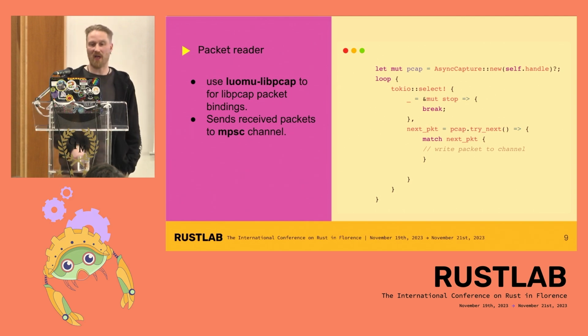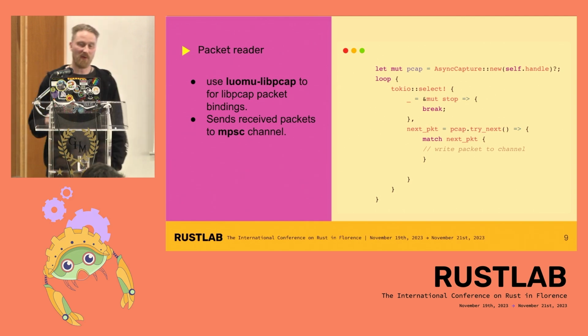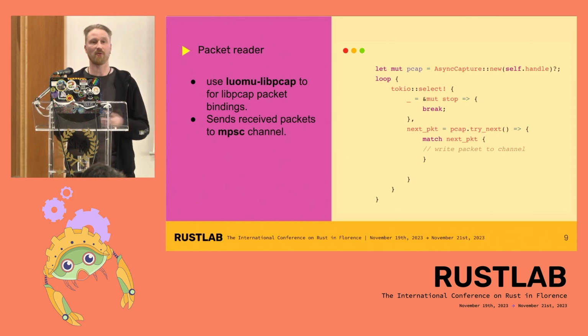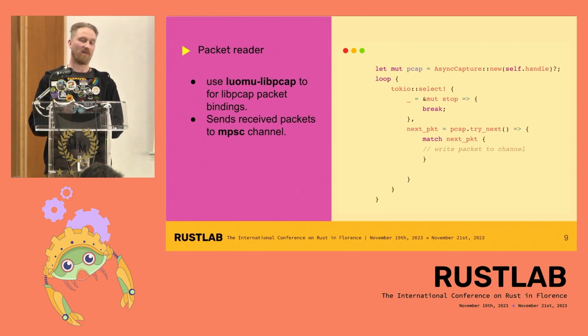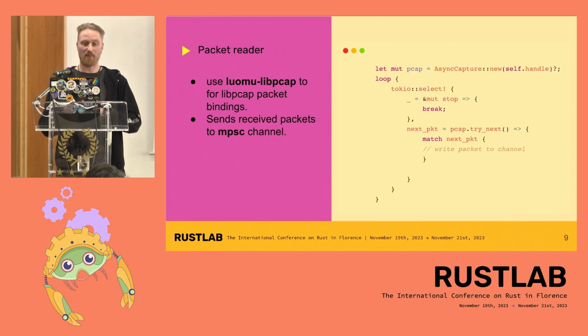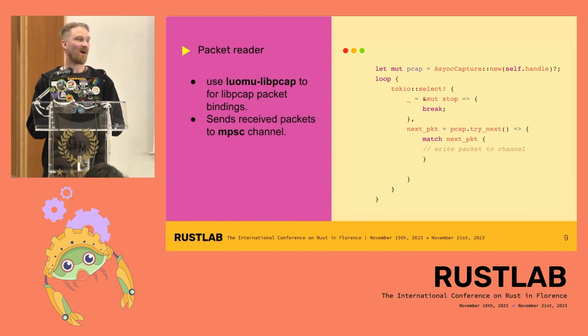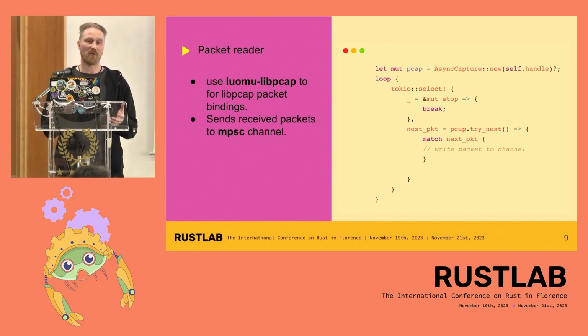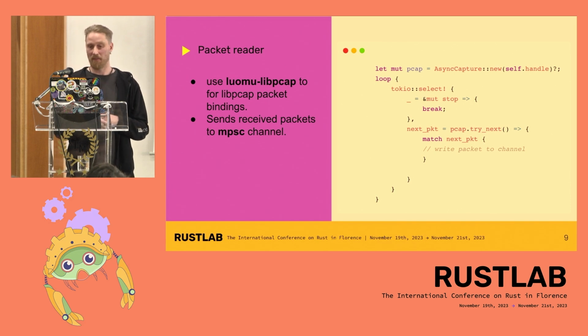We decided to use a crate called luomu-libpcap, which is a Rust wrapper on top of the popular libpcap open source library that is often used to read packets. libpcap already provides all the primitives to read data from the net, and luomu-libpcap provides a Rust wrapper. It also provided us with asynchronous wrappers so that it was easy to use in an asynchronous context as well.